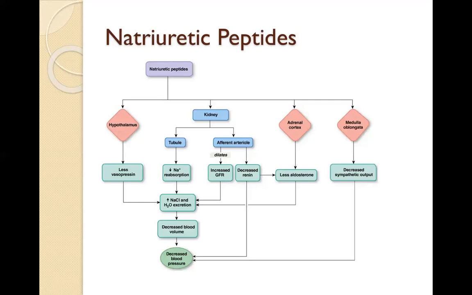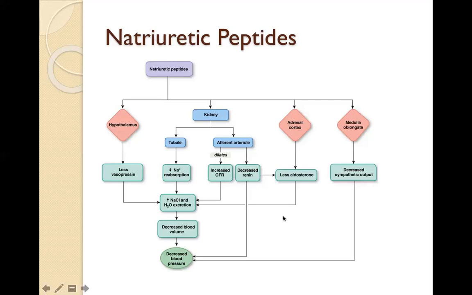That's going to decrease cardiac output, which is a main player in blood pressure, if you recall from our cardiovascular section. But also, the sympathetic nervous system causes vasoconstriction of the arterioles, so you will get decreased vasoconstriction and an overall decreased blood pressure.